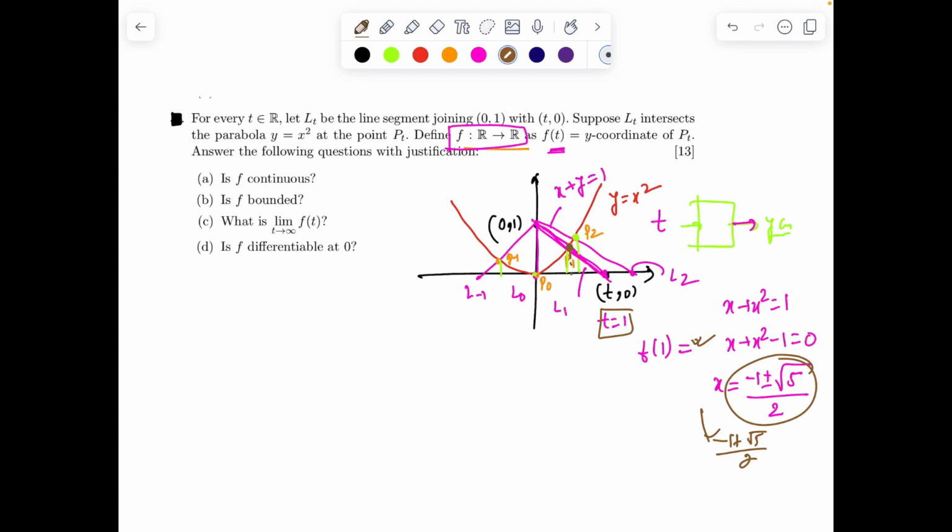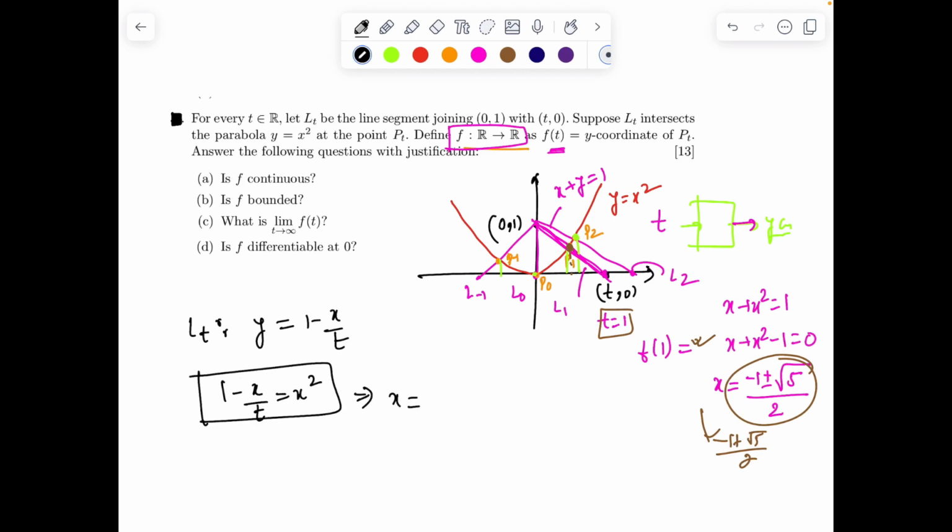Now one way is you can directly start with the general equation of a line. So let me take a general line L_t, which is given by y equals 1 minus x by t. The x coordinate of the point of intersection of L_t with the parabola y equals x square we can solve the way I have solved with this equation. अब इसको जैसे ही आप सॉल्व कीजिएगा, x का जो वैल्यू आ रहा है वो है minus 1 by t plus minus root over (4 plus 1 by t square) over 2.